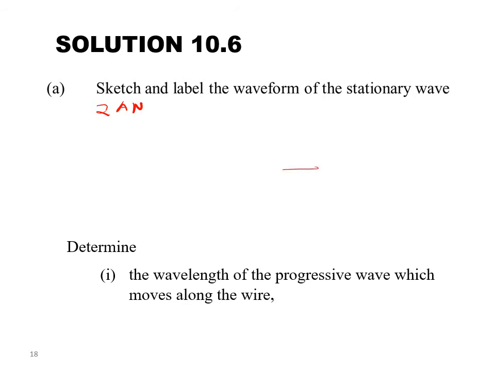So you can sketch a graph showing two antinodes.